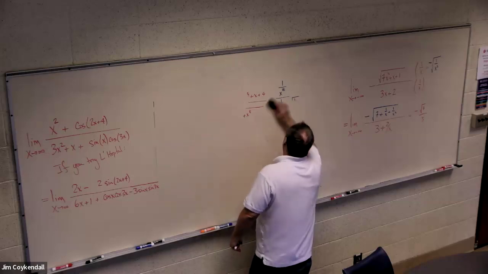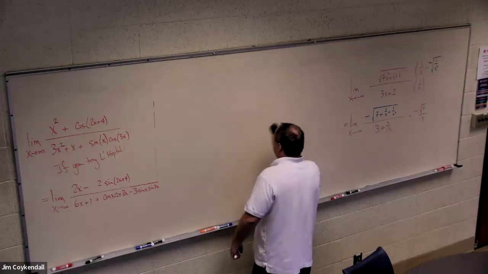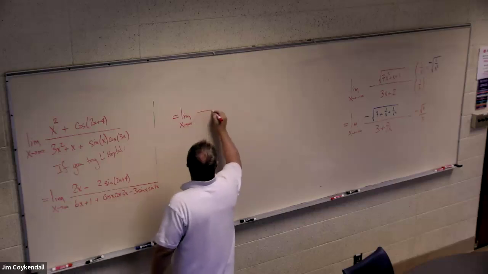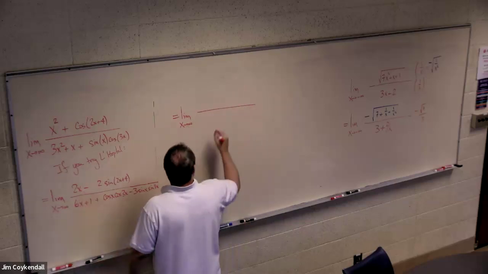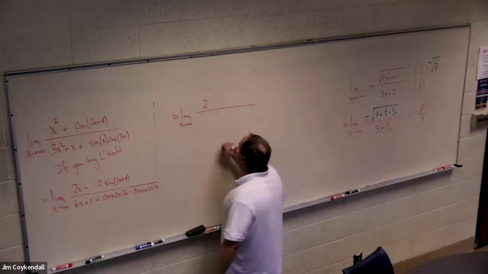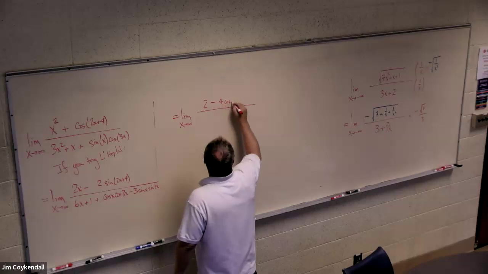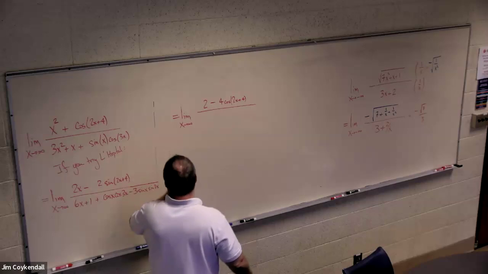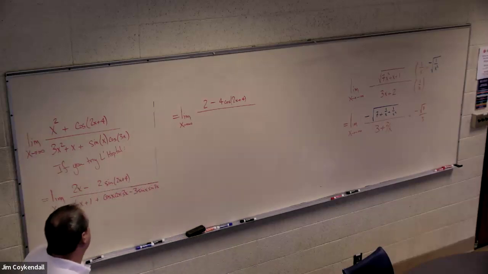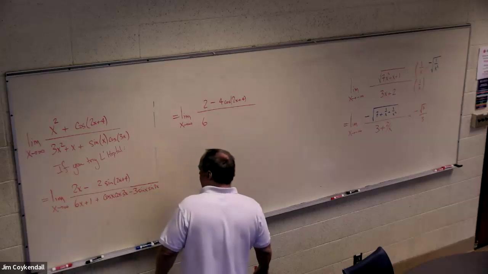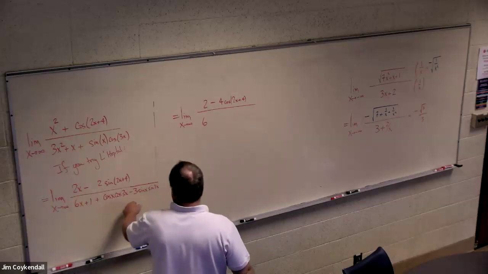Next step, see that you've got trouble. The next step which you get is the limit as x goes to infinity. On top, I get 2. And then I get minus 4 cosine 2x. And on the bottom, I get 6. And I get some more terms.